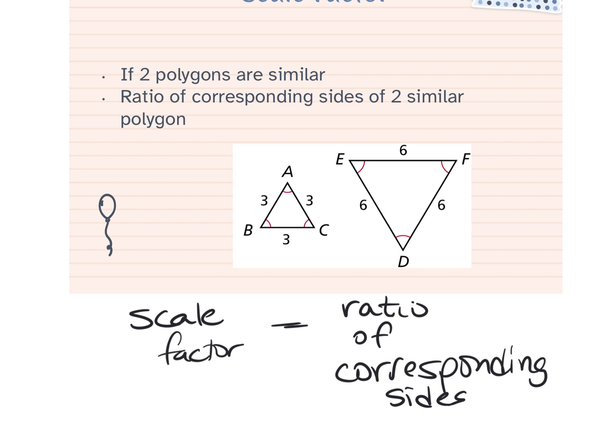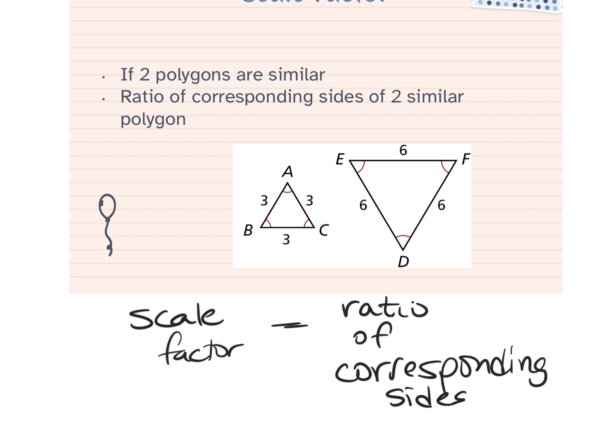That's the scale factor. So for example, on this, these are both equilateral triangles and equiangular. So it really doesn't matter what side matches, because if you notice in the small triangle, the ABC, all 3 sides are 3s. And then in the larger one, the EFD, they're all 6s.